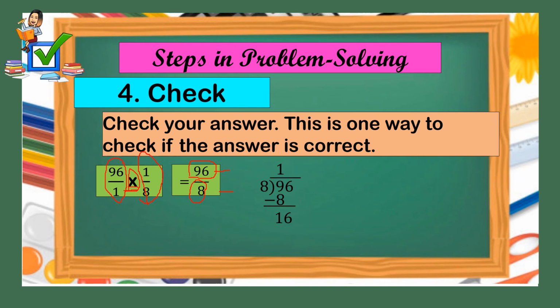Bring down 6, so it became 16. 16 divided by 8 equals 2. 2 times 8 equals 16. So, 16 minus 16 equals 0. So, ang magiging sagot natin ay 12. So, as you can see, tama yung ating solution dahil 12 boxes of pizza ang paghahati-hatian ng tigwa-walo.